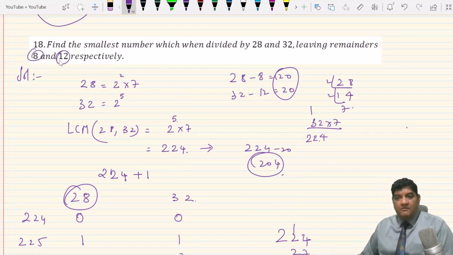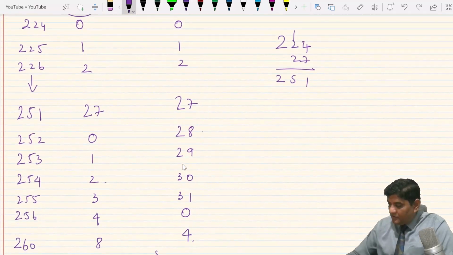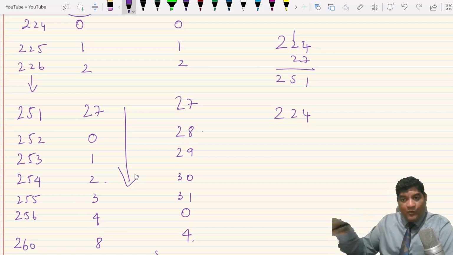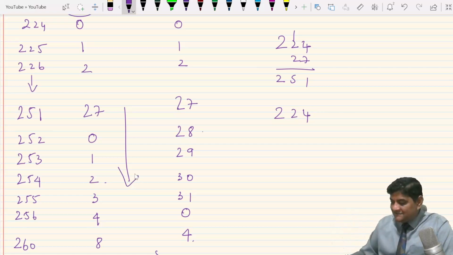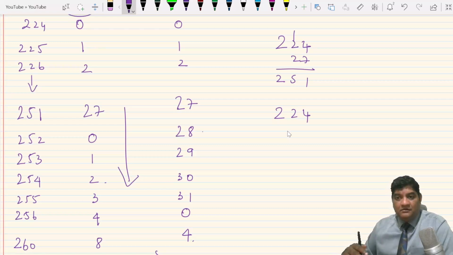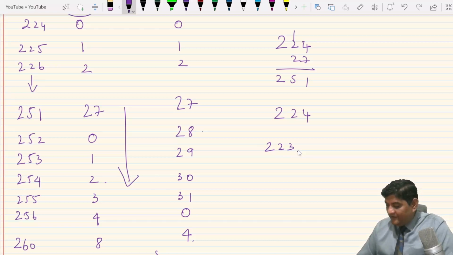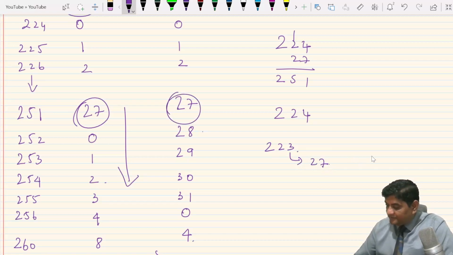But if I went backwards, this process is happening when I'm going forward from 224. But the moment I go backwards, I will have different remainders again. Because if I go for 223, the remainder from here will be 27, and the remainder from here will be 31.